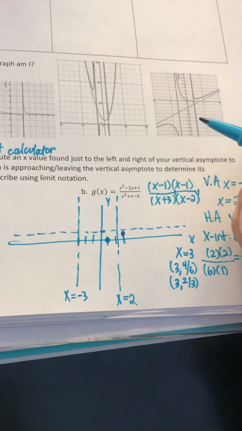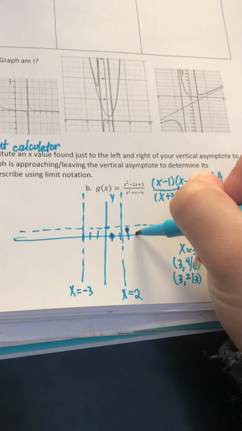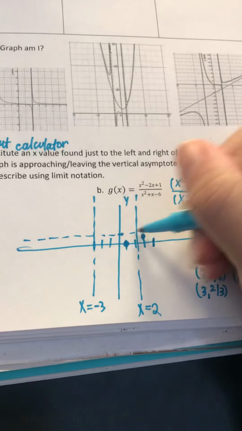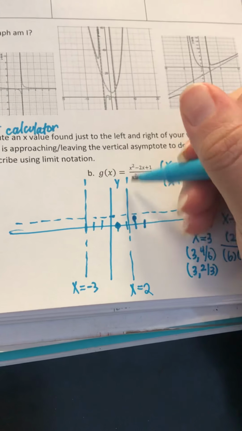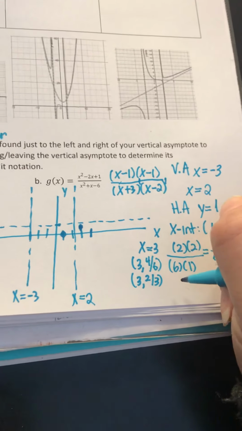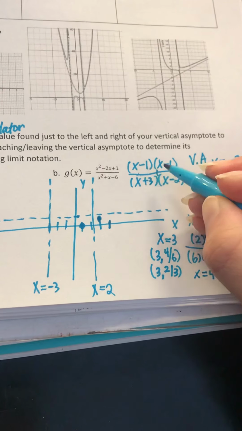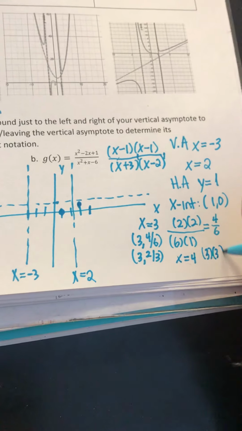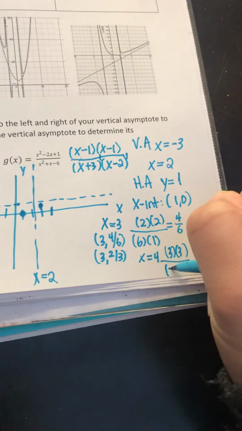Now, let's try. So we have 1, we have 2. Let's just try one more point. Let's try 4. Because do you guys see how this point ended up underneath the asymptote? And I had hypothesized that it was going to be above. Okay, so let's try x equals 4. And I'm going to plug in 4, so that's 4 minus 1. 4 minus 1 is 3 times 3 over 4 plus 3 is 7.